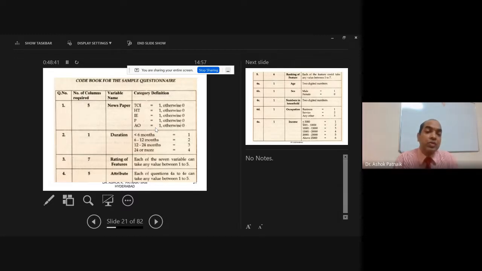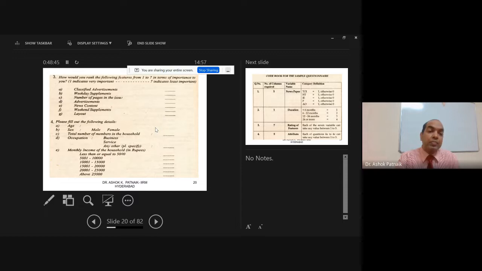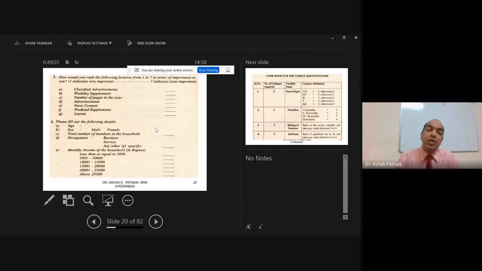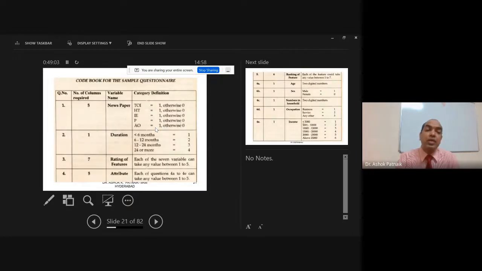Like the second question we can see here: how many days have I been subscribing? Less than 6 months, 6 months to 1 year, 1 year to 2 years, 2 years or more. So you can give 1, 0, 0, 0, or you can also give, like here you can see, 1, 2, 3, 4.